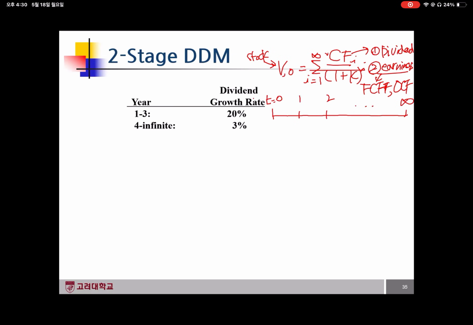If you invest in a stock at time 0, you are expecting to get dividends from year 1. You will not get a dividend at time 0. You will get dividends from year 1 to the infinite period of time.